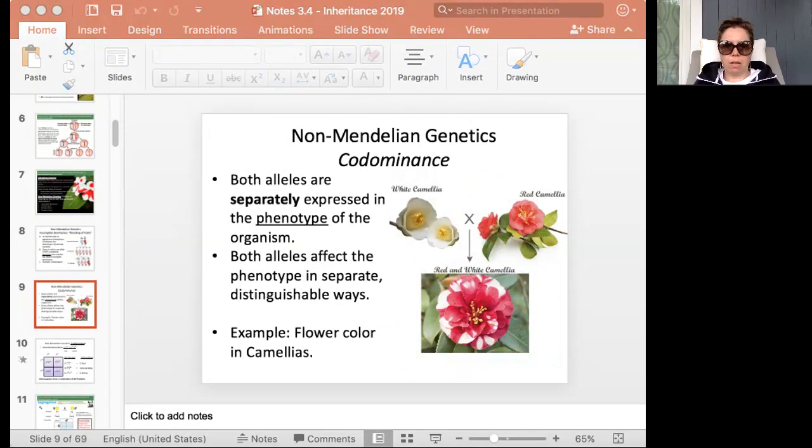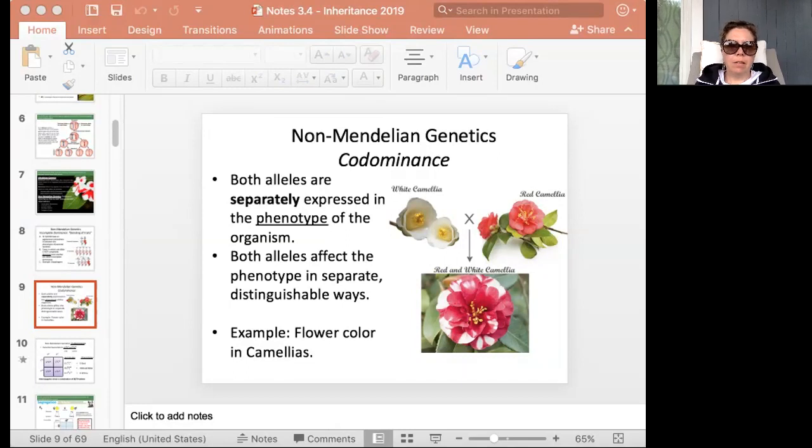We're looking at flower color again, and this time we're crossing a red camellia with a white one, but instead of getting pink as we would with incomplete dominance, you can see that both alleles are equally expressed.